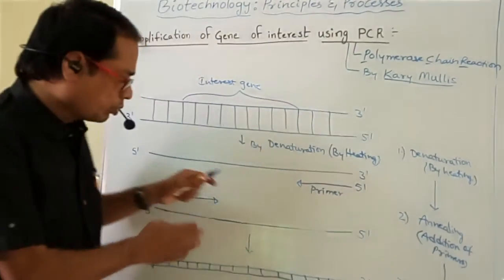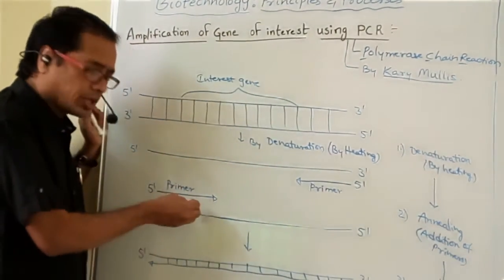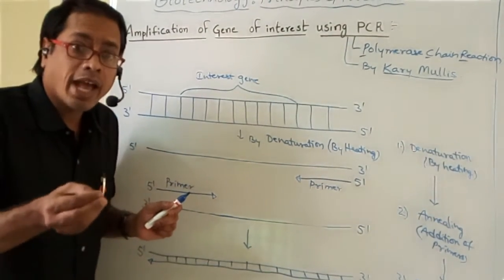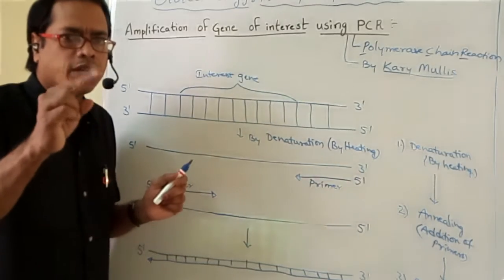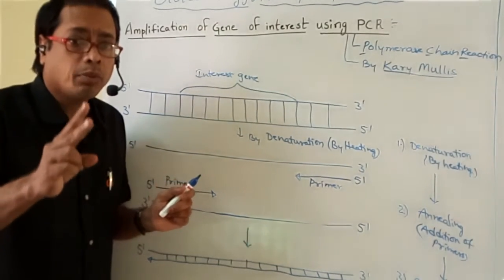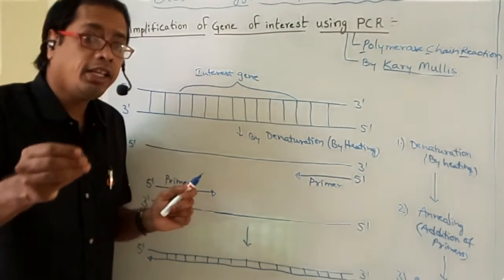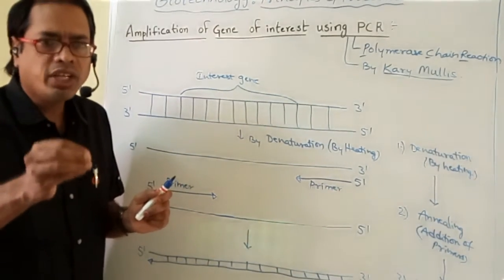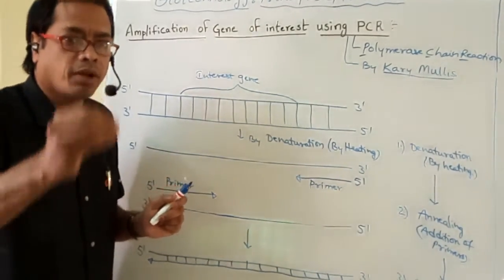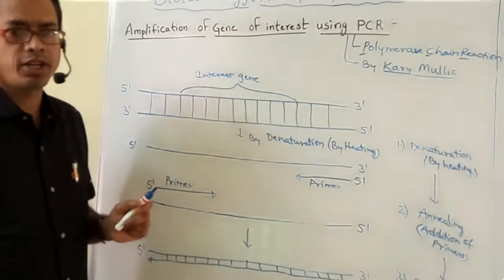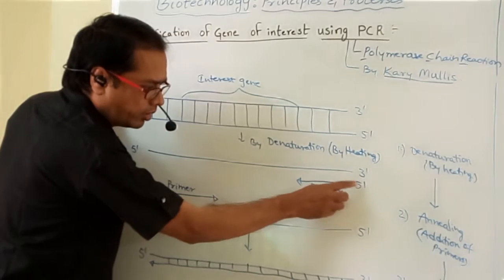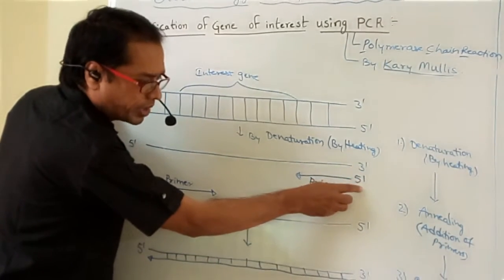Next, to the two separated strands we have to add primers. Primers should be added at two points, you have to remember. Primer should be added at the 3' end of the parental strand, because a new DNA strand is always synthesized in the 5' to 3' direction. See, this is the primer, this is the 3'. So if this is the 3', this would be the 5'.